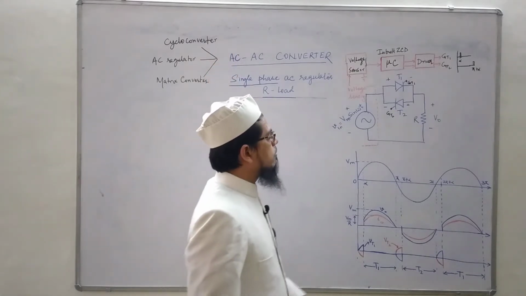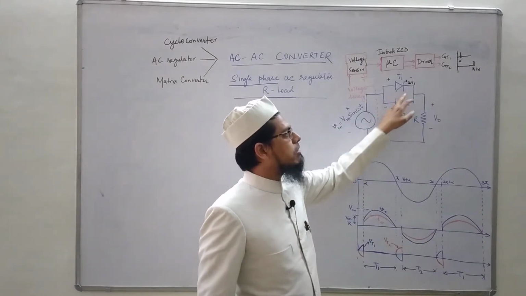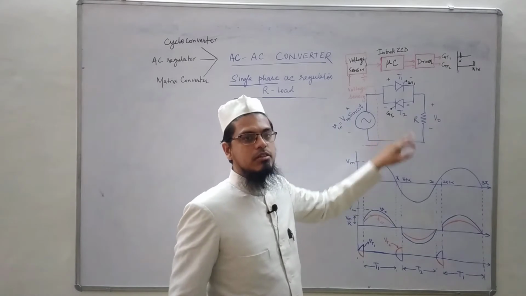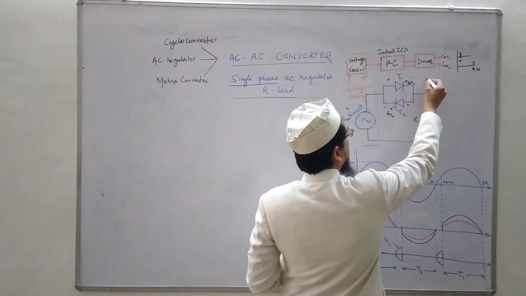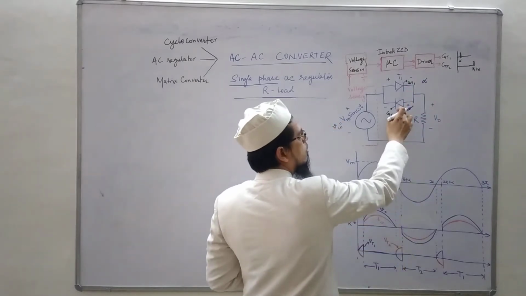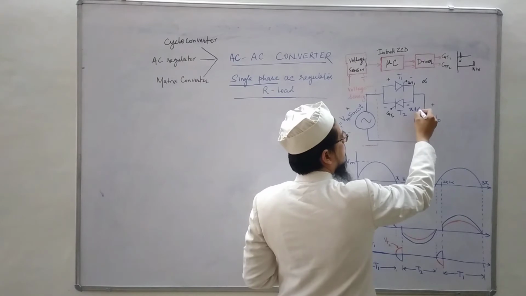So for this configuration we need to provide firing pulses to these two SCRs. If one of the SCRs, say the above one, is fired at an angle alpha, then the lower SCR has to be fired at an angle pi plus alpha.